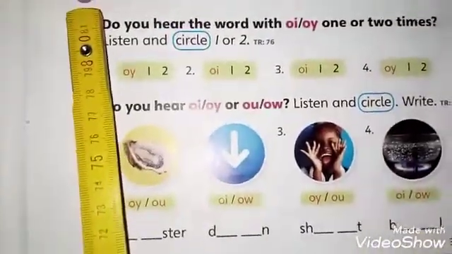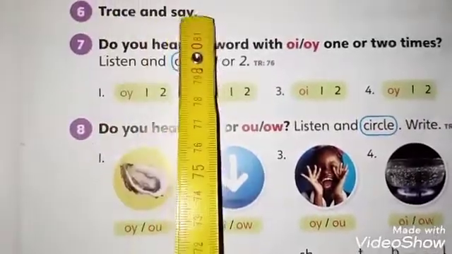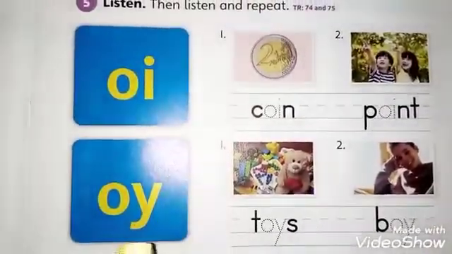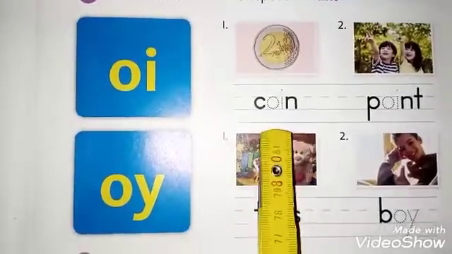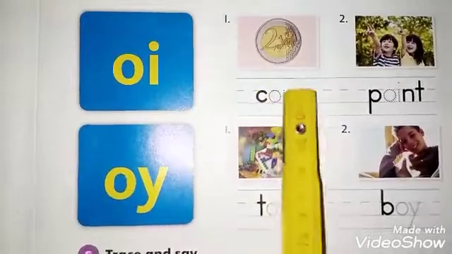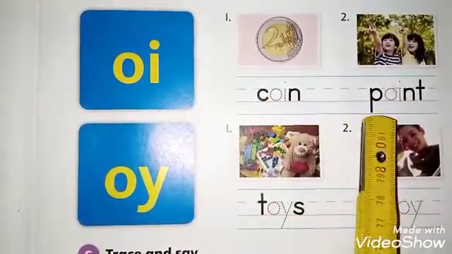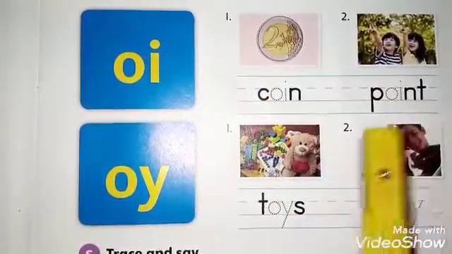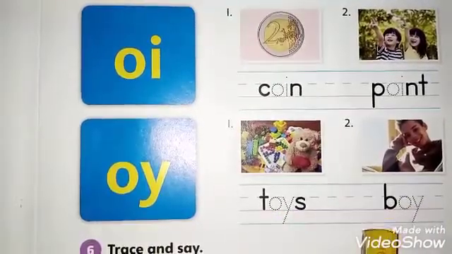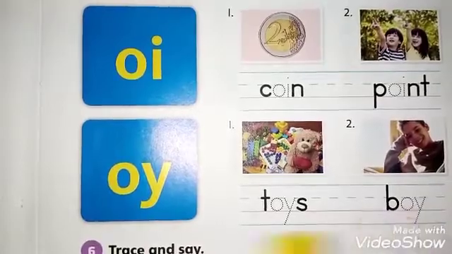Now let's move to activity 6, which says trace and say. Look at the words and pictures in activity 5. Trace the letters OI and OY. Trace the OI in coin, trace the OI in points, trace the OY in toys, and also trace the OY in boy.